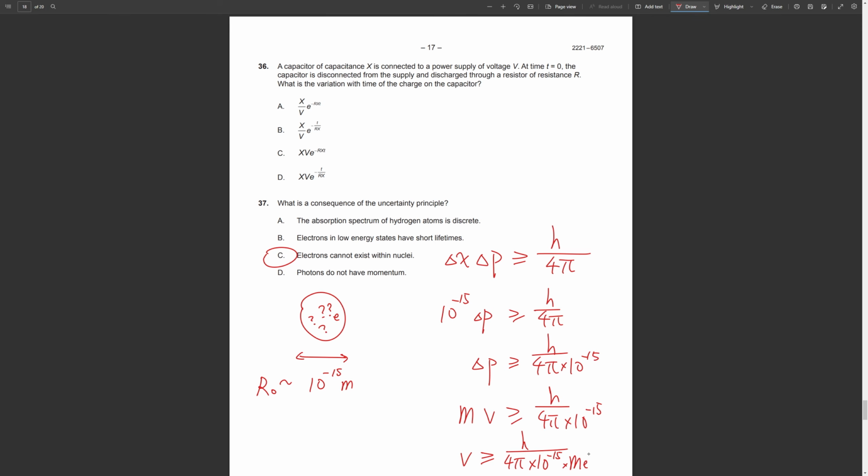Put everything into your calculator and you will find that the speed of electron will be greater than the speed of light in vacuum, which is not possible for our current understanding. So the answer is C. The electron simply can never exist in a nucleus because to do so, it would require a speed greater than the speed of light in vacuum.